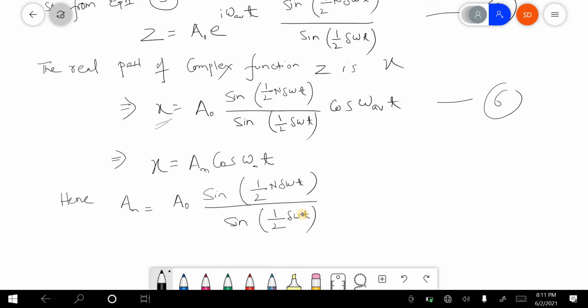This is the modulation amplitude. So this is the entire expression for the superposition of n collinear harmonic oscillators having equal frequency difference. I hope you have understood. Thank you very much.